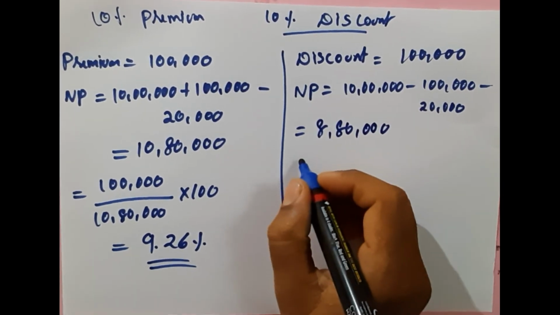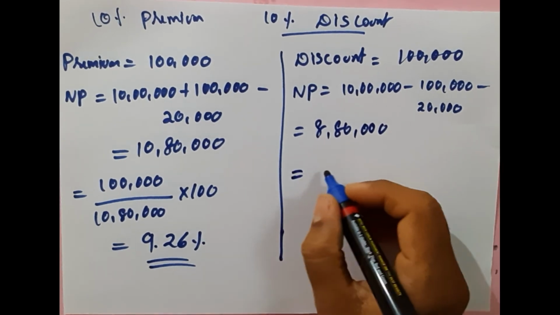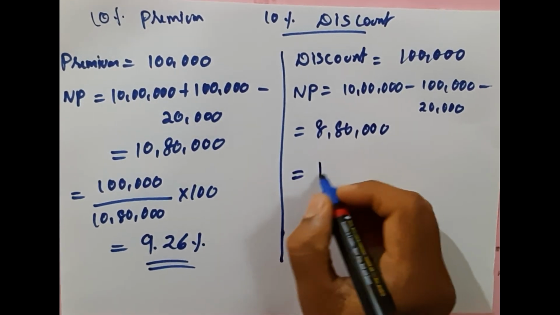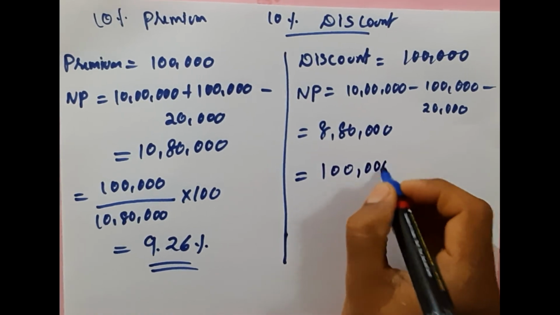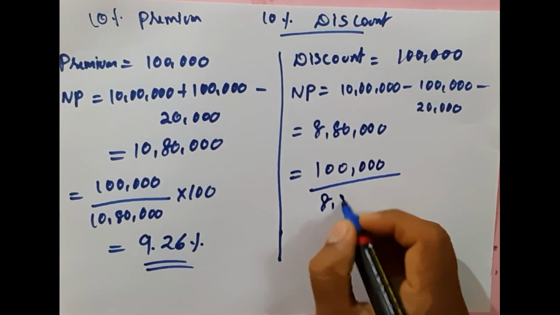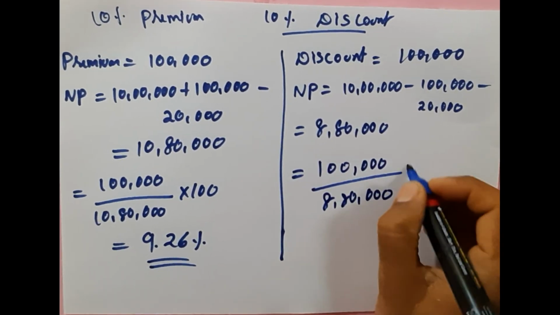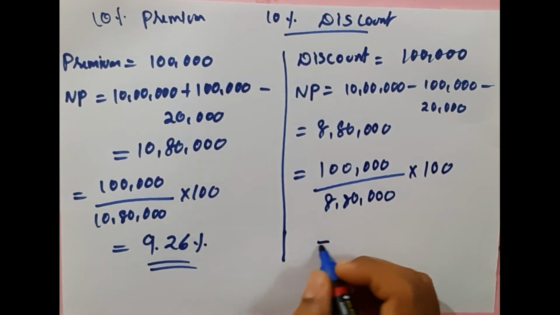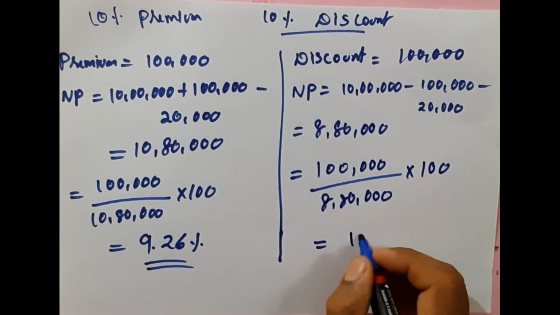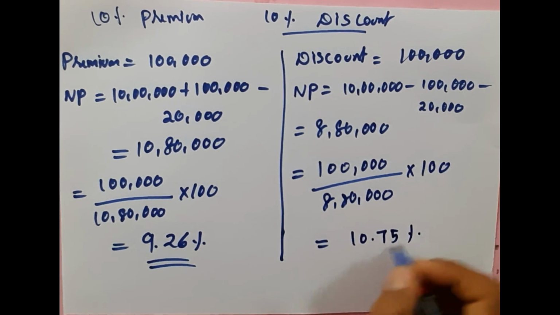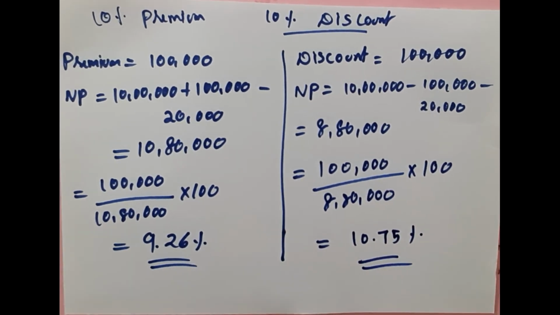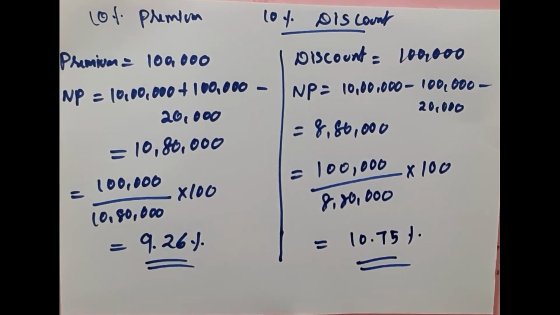So apply the formula: 1 lakh divided by 8 lakh 80,000 into 100 equal to 10.75%. See how the cost has increased because of the discount. Thank you.